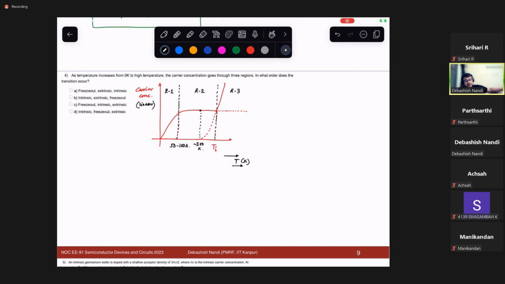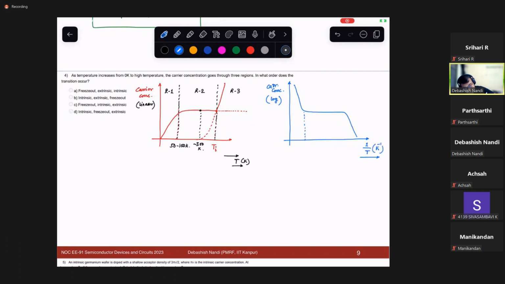This is one plot. Another plot: this is carrier concentration on a log scale, and this is 1 over temperature, Kelvin inverse.